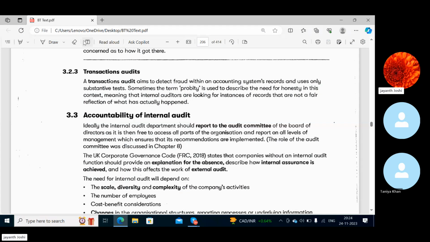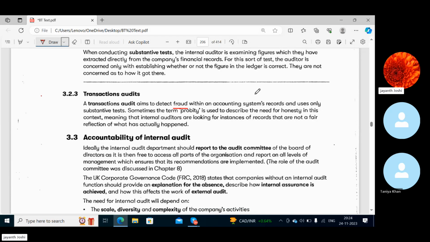So, transaction audits. A transactions audit aims to detect fraud within accounting systems' records. Whatever transactions happen, they are always recorded. And today we are not using manual systems, we are using computerized systems.